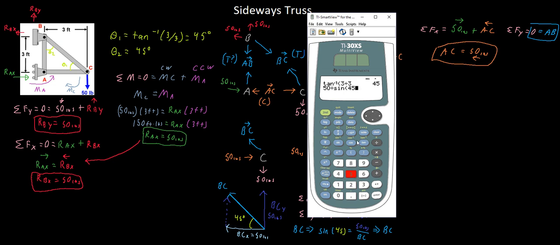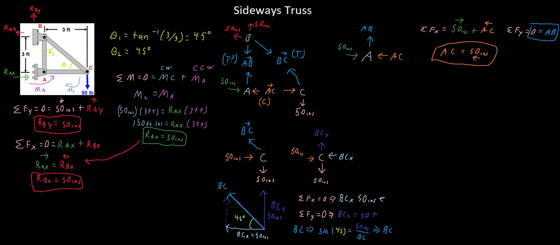And hopefully you see how I know I need to divide it that way. If you're confused, you can work it out yourself. We get 50 root 2. Okay, well, we just hit the conversion button in our calculator. It'll convert it for us. We get 70.7, or I'm going to round to the whole number of 71 pounds. And that is our final vector, or our final member vector.